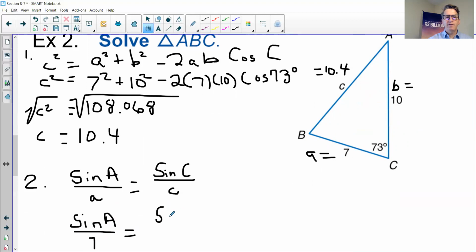Sine C is the sine of 73, and that is over C, which is 10.4.